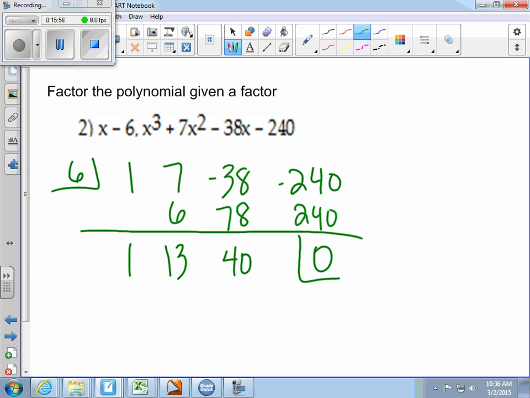Is x minus 6 a factor? Yes. It better be. It told me it was when I said given a factor. If I hadn't gotten 0, I would know that I did something wrong because it told me x minus 6 was a factor.